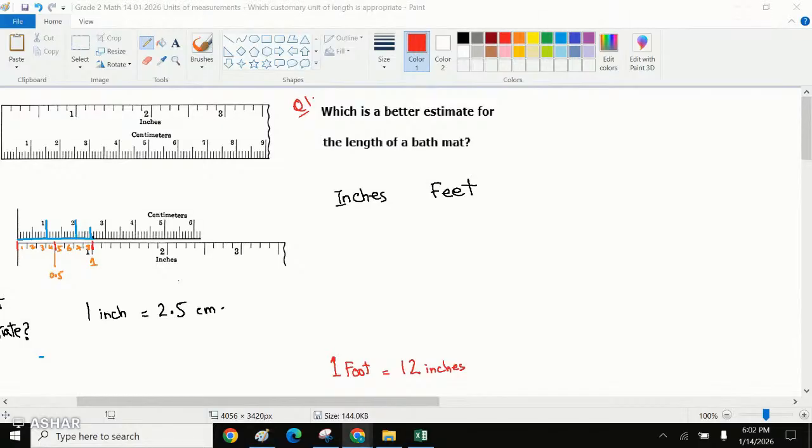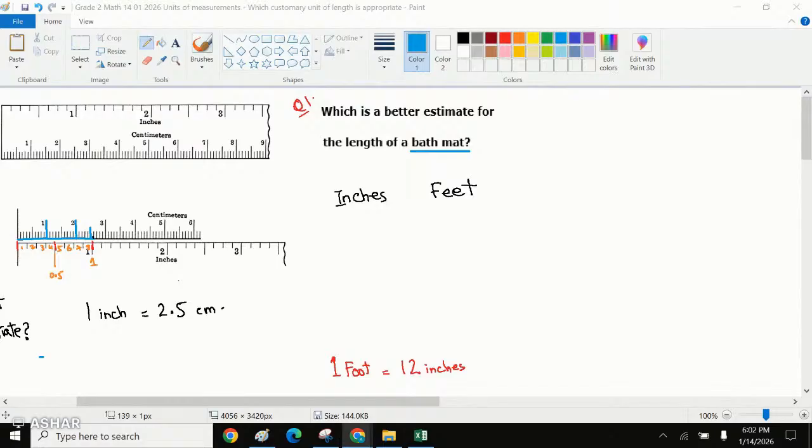So if you have a bath mat, would you want it to be very small, in inches, or would you want it to be big enough to clean your feet, right? So which is a better estimate for the length of the bath mat out of these two options?